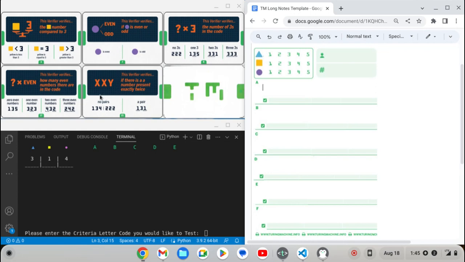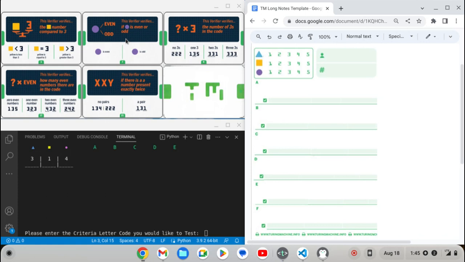And there are a couple scenarios: one where all the digits are different, as in the example 134, or all digits are the same, as in the example 222. And remember, the objective of today's puzzle is to find that unique 3-digit code that abides by all 5 criteria cards. We're going to start off with an initial proposal of 314.